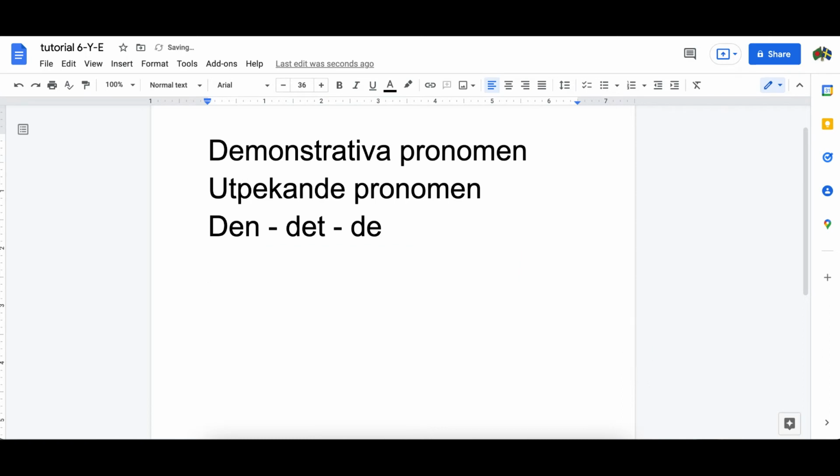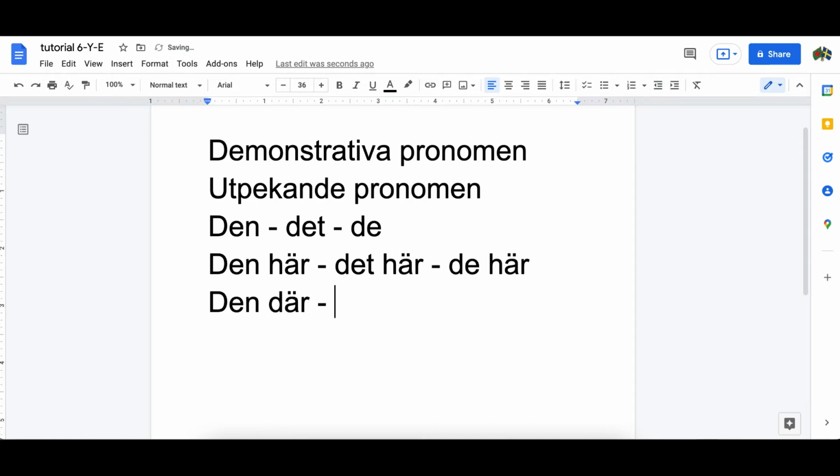So now I will write down first all the pronouns. So den här, det här och de här. Den där, det där och de där.